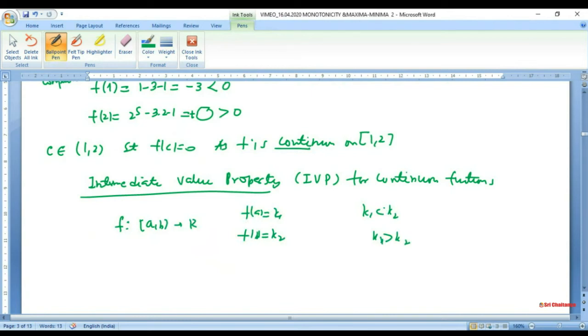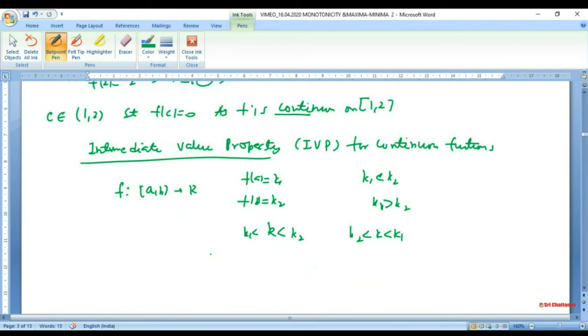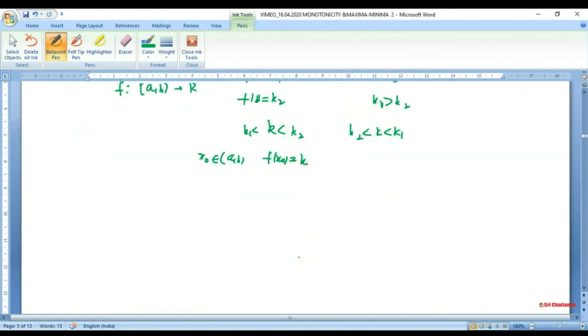Whatever it is, if there is some number k between k1 and k2, depending on the sign and magnitude, then you will find that there is always a number x naught in the open interval (a, b) such that f(x naught) equals k. In other words, graphically, if a function achieves a height k1 and it achieves a height k2, then it must attain every height in between.